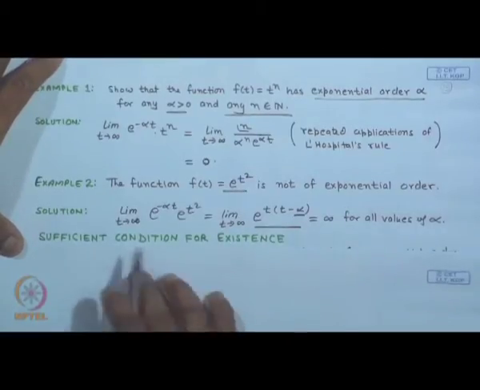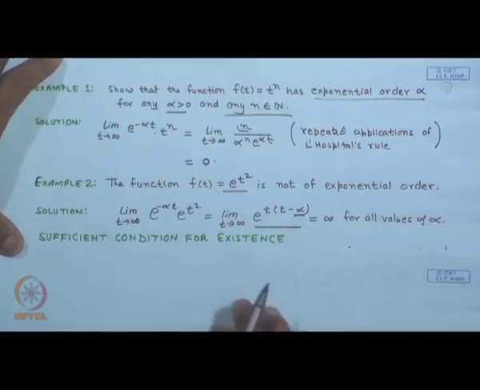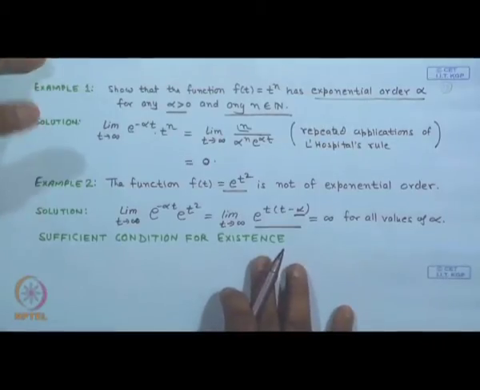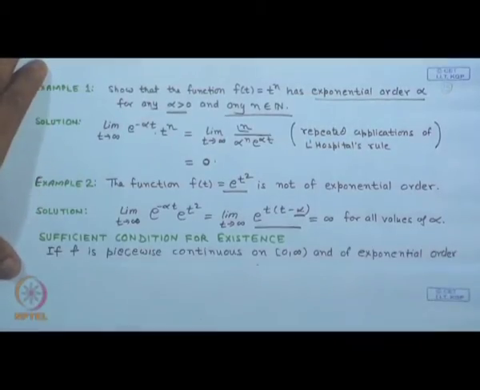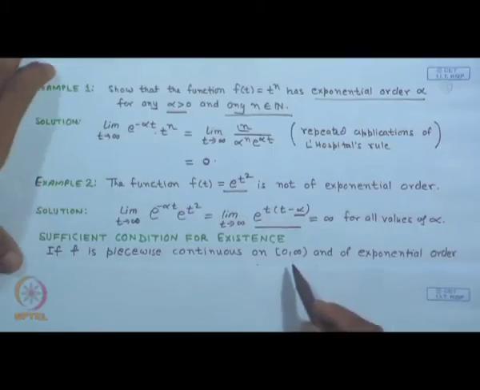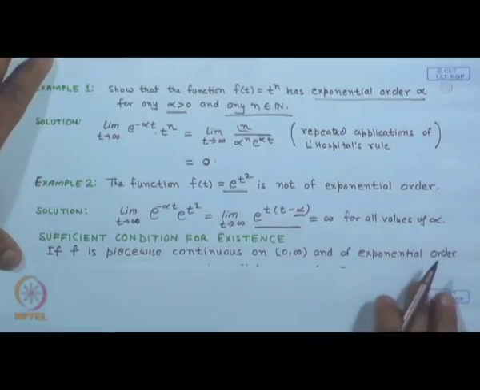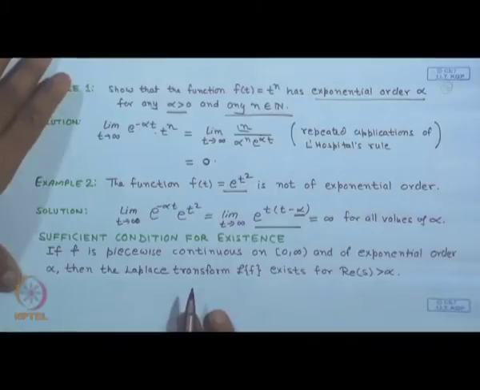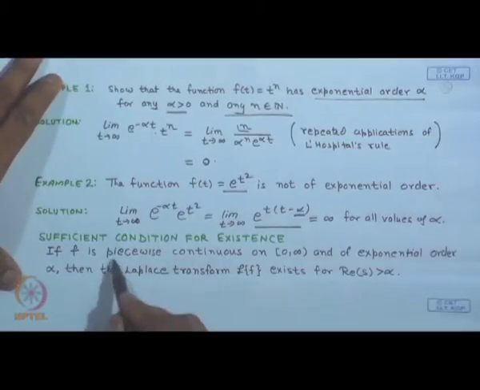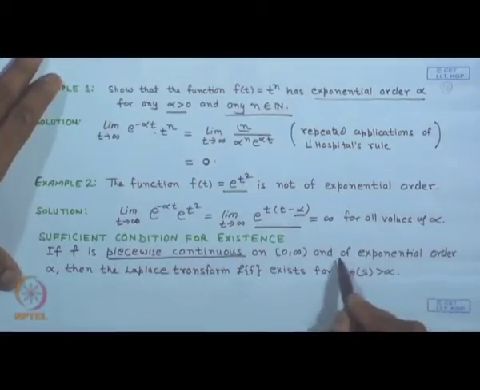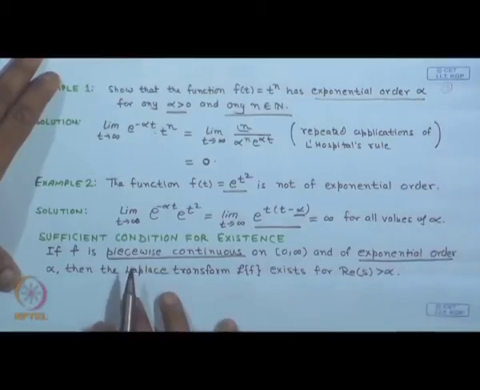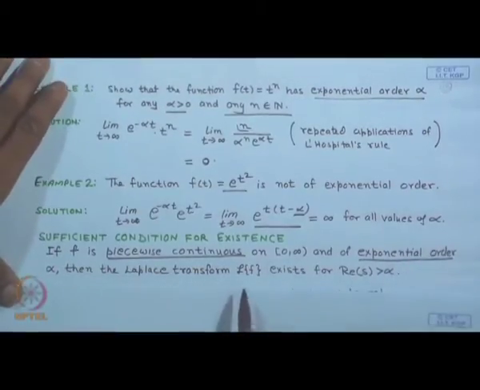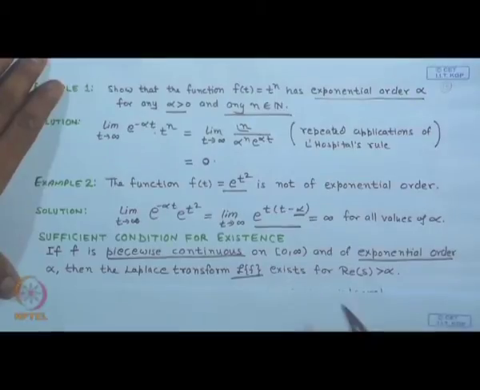Now, we come to the sufficient condition for existence. If f is piecewise continuous on 0 to infinity and of exponential order alpha, then the Laplace transform exists for real s greater than alpha.